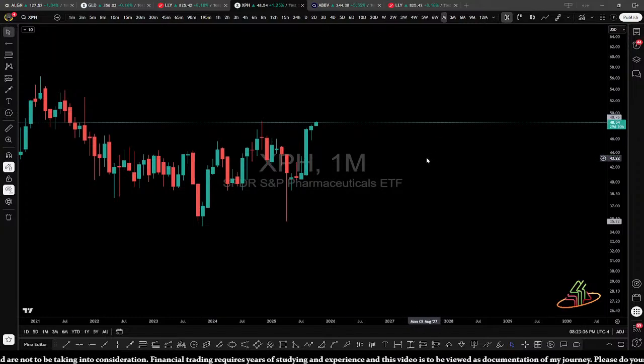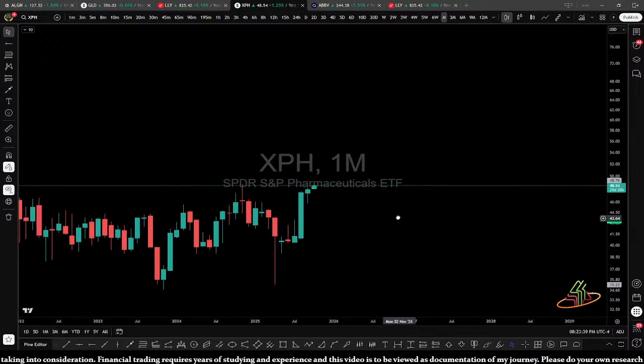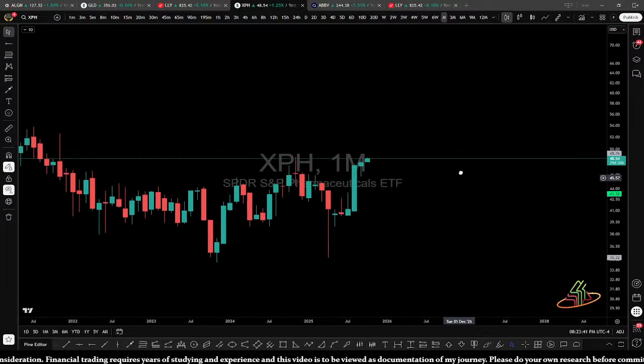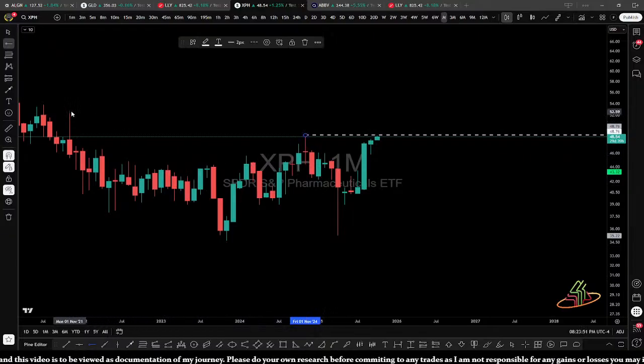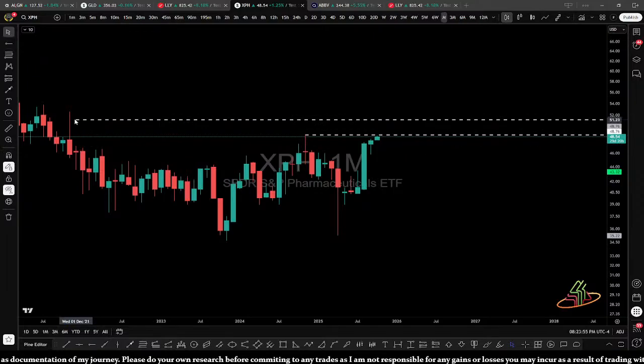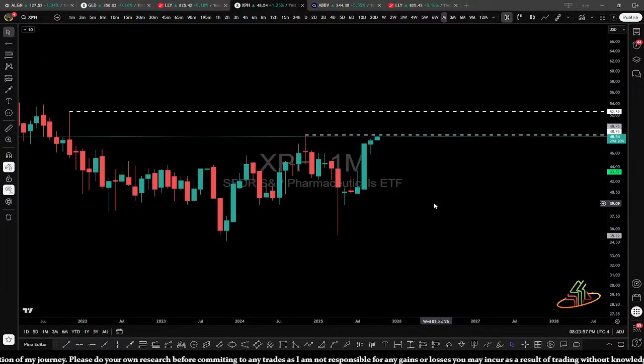And then you can gauge a target off the ETF that's going to correlate to the target on the play that you're in. So we got there, and then I would aim for this next. That would be my two targets off this ETF for the month.